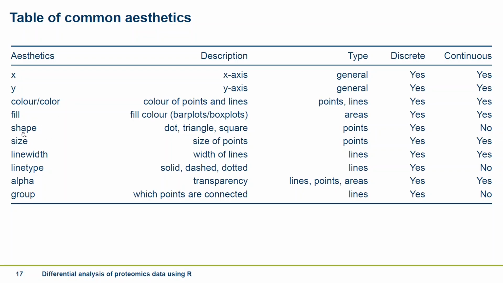You have the shape and size for data points. You have line width and line type for lines. Alpha is the level of transparency, which makes sense, for example, in scatter plots to make them transparent if you have a lot of overplotting. And group is for line plots to determine which points are connected in a line.